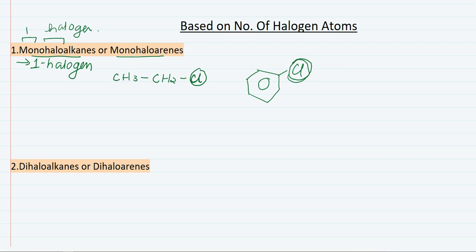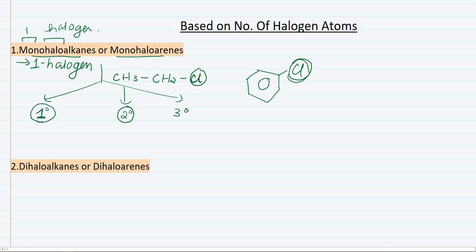is a monohaloarene. These monohaloalkanes or monohaloarenes can again be classified into three categories, that is primary, secondary and tertiary. If your halogen atom is attached to a primary carbon atom, we will say that it is a primary halogen atom, or a primary monohaloalkane.